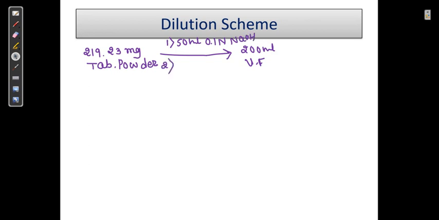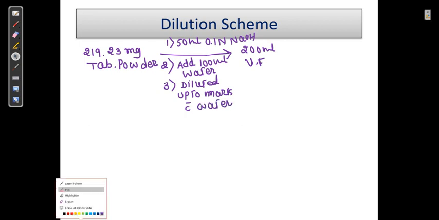Second, add 100 ml water. Then third, dilute up to the mark with water.